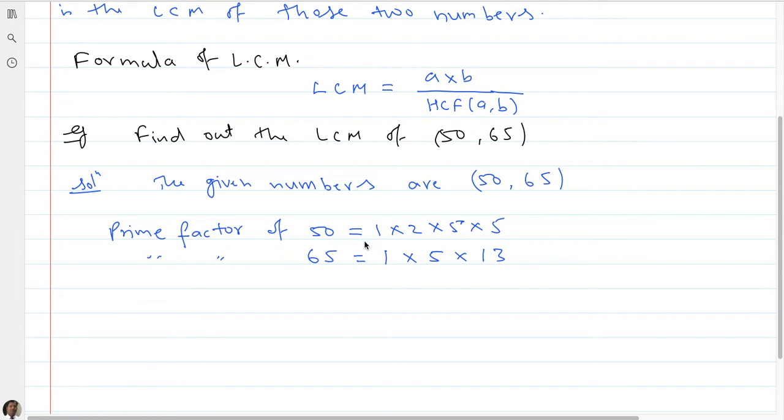We see in both numbers only the 5 is common. So the HCF of 50 and 65 is equal to 5.